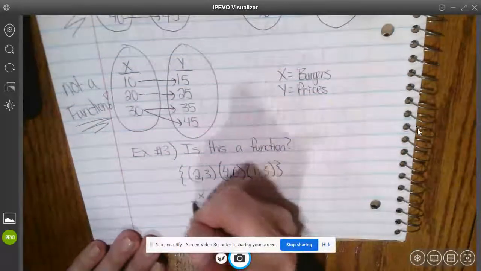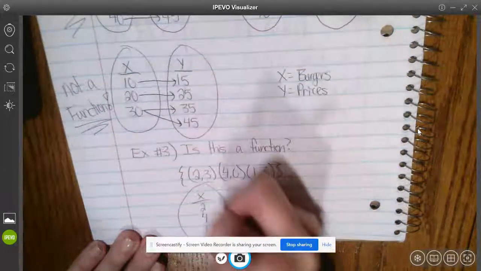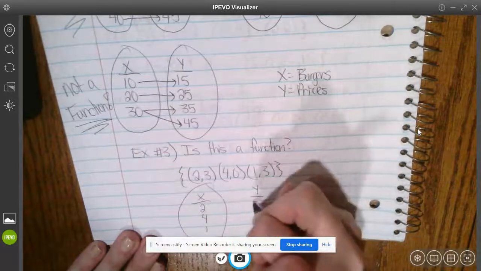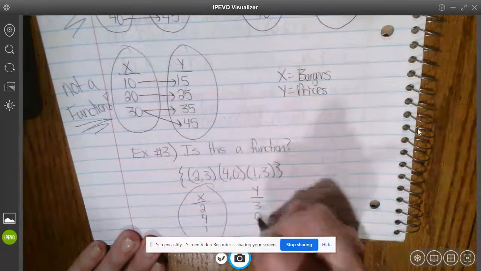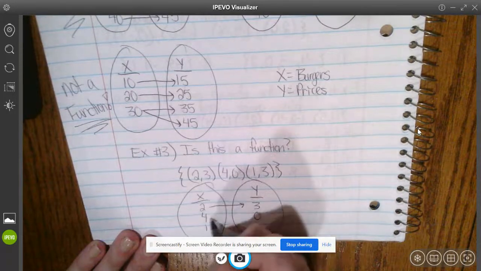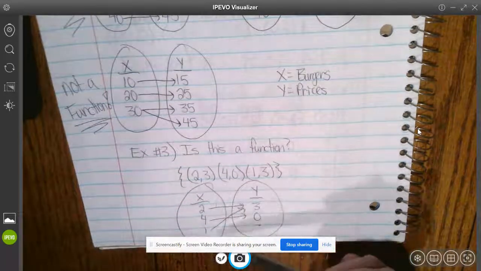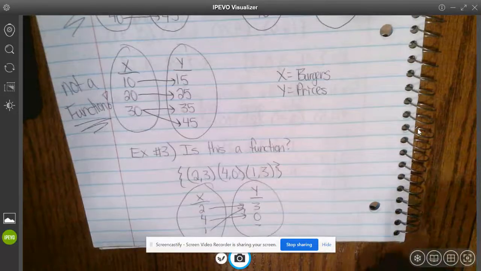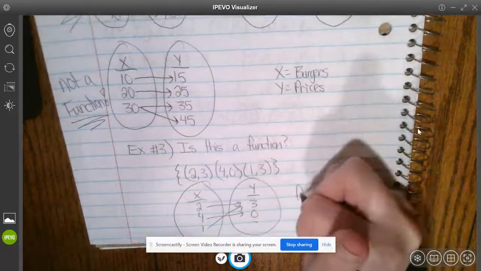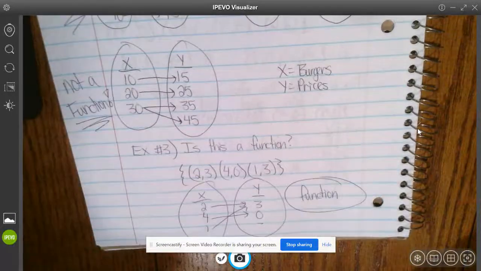So I'm going to put my little list here, 2, 4, and 1. 3, 0. Oh, I don't need to rewrite my 3. Okay, so 2 goes to 3, 4 goes to 0, 1 goes to 3. And I have 3 different burgers, and these 2 have the same price. Yes, so therefore it is going to be a function.